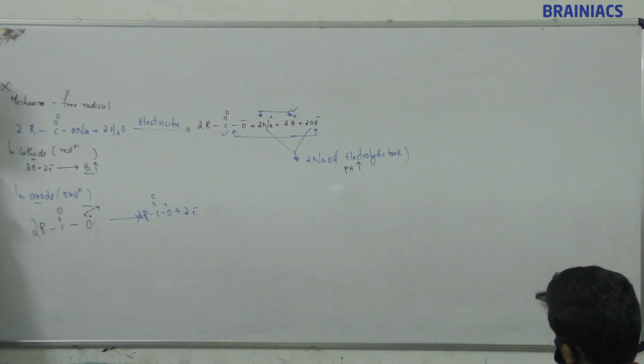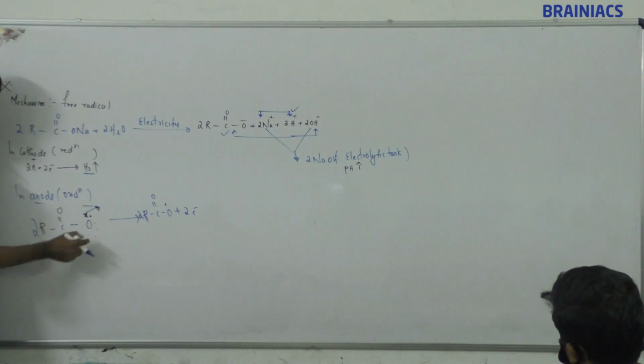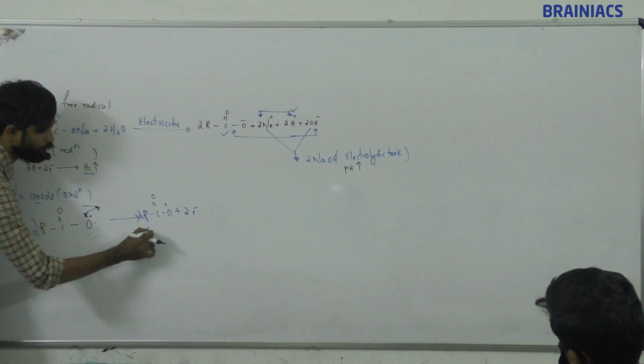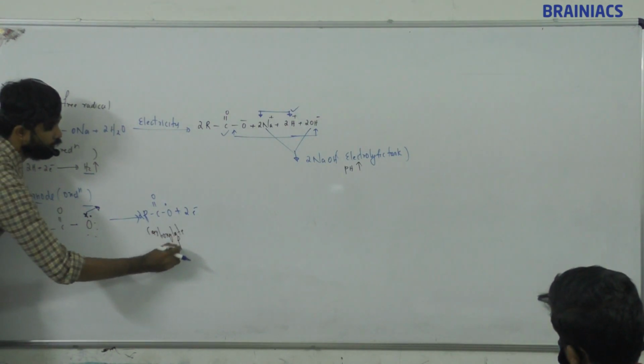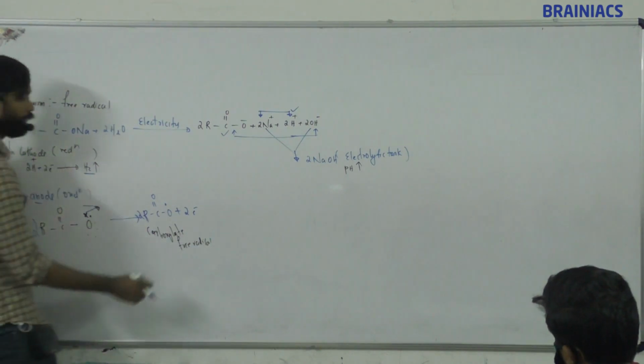Agreed. This electron is lost by the carboxylate, so it becomes an odd electron species. So that is the intermediate, the carboxylate free radical.